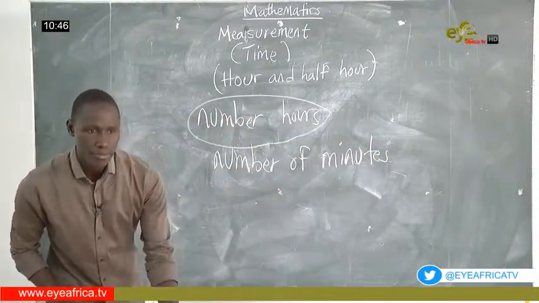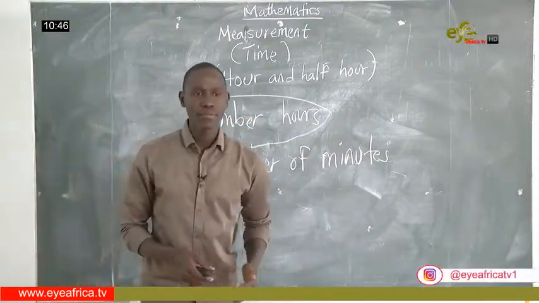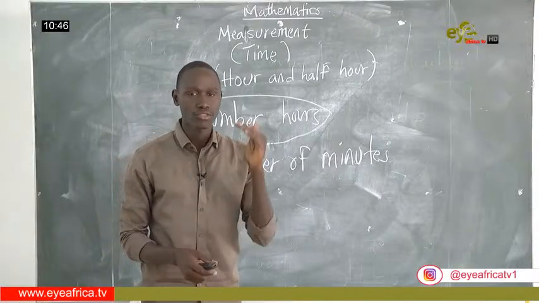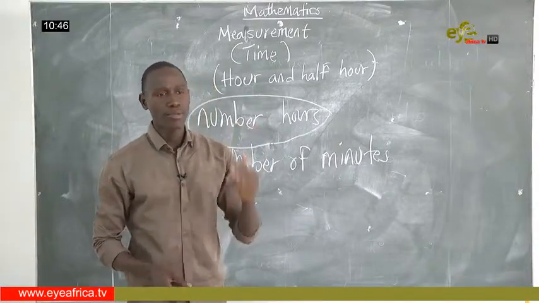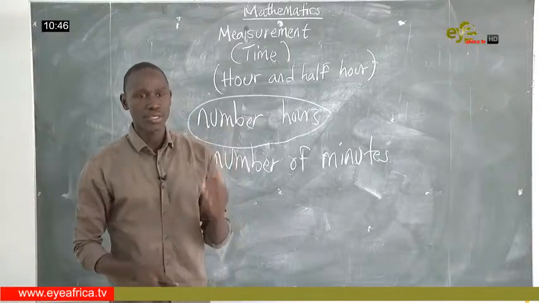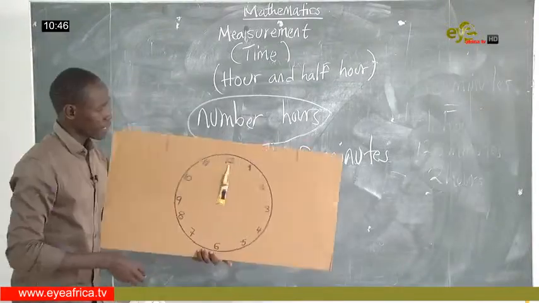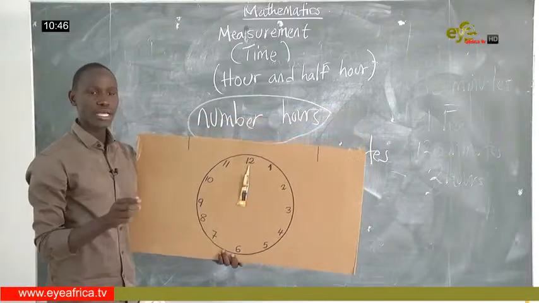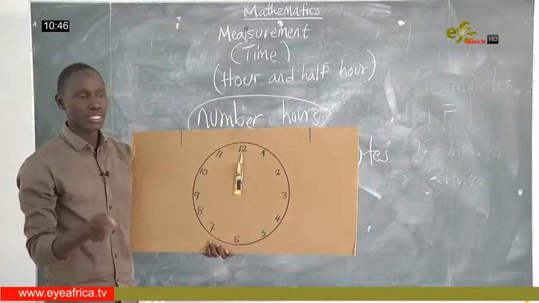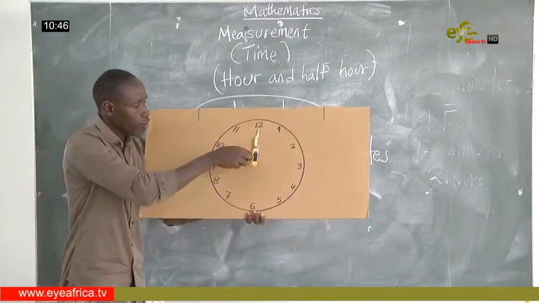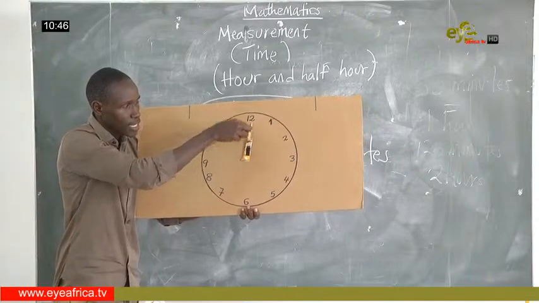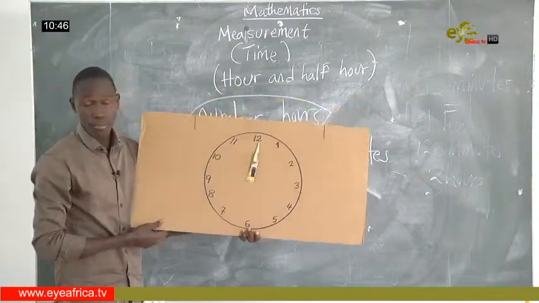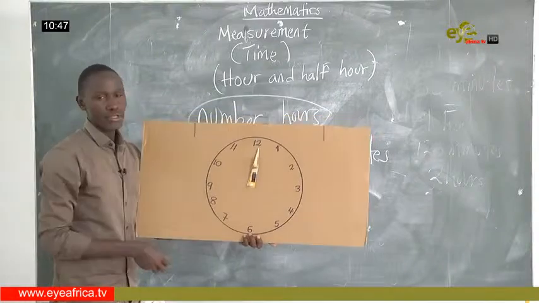Now, if we move further, it asks how much time goes by each time you get to the next number. You will see that both our minute hand and our hour hand are pointing to one number, and that is number 12.